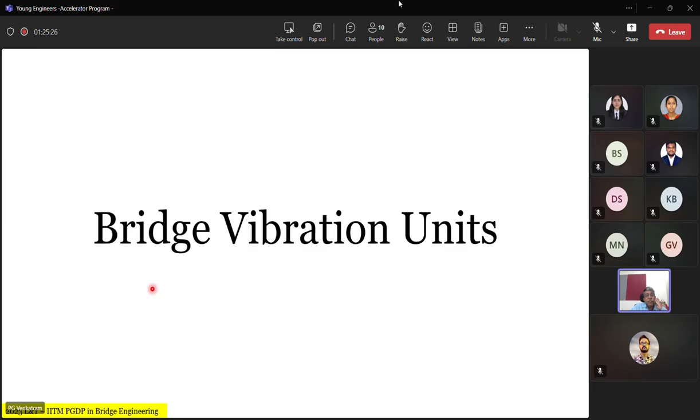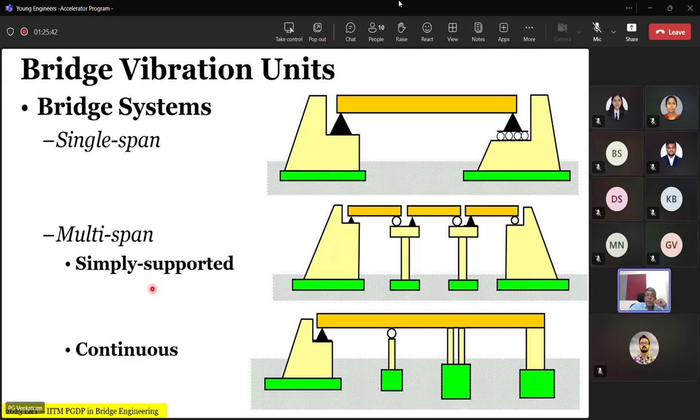Now we have so far looked at the bridge bearing units. Now we'll move to the next unit, called the bridge vibration unit. This is related to the displacement connectivity between different components of the bridge. If you take a bridge vibration unit, we have a multiple span simply supported bridge and a multiple span continuous bridge.